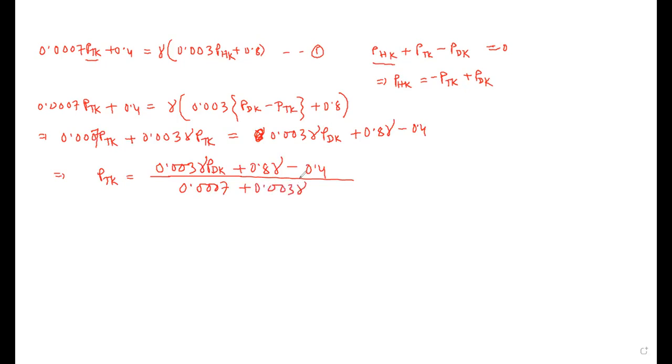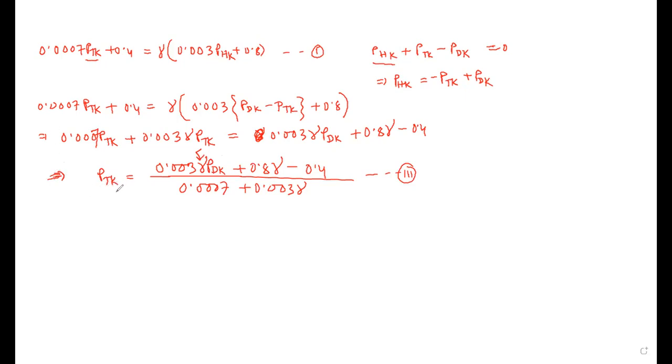So now you can see, well, this PTK can be expressed simply as some function of gamma and some known values of demand at the kth time stage. So if we can choose gamma, if you know the demand, you can have some PTK. Okay, then you will get the values of PTK directly.